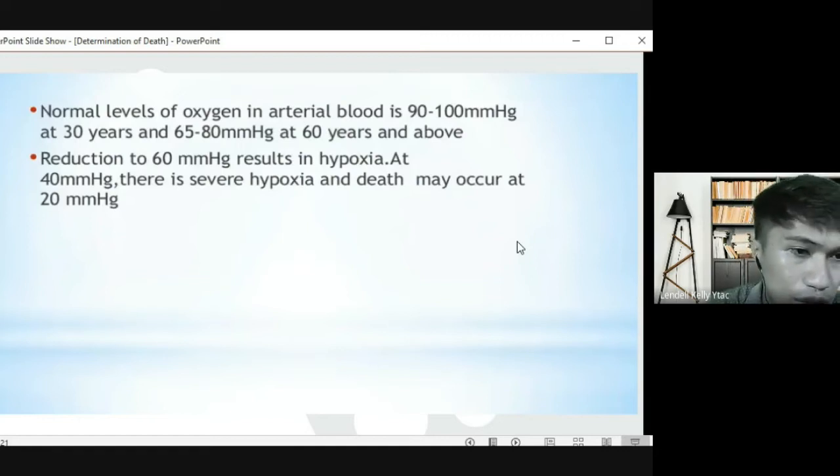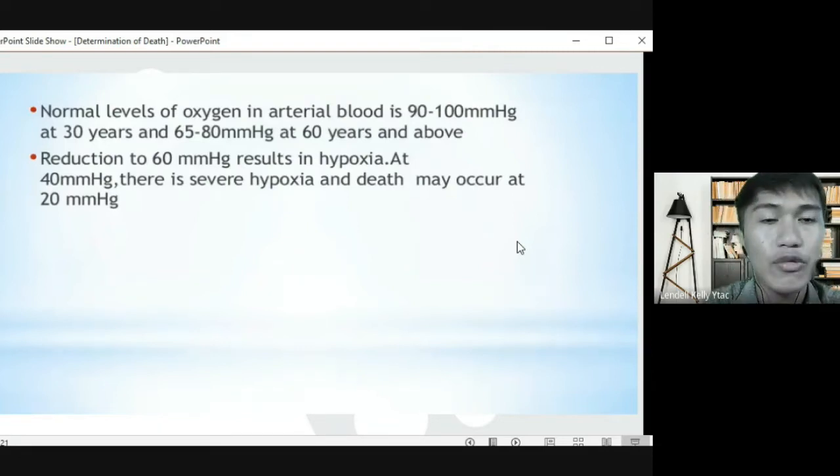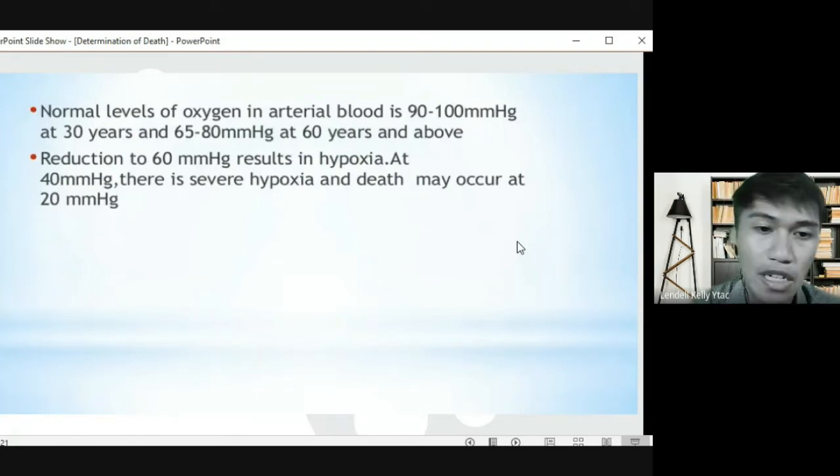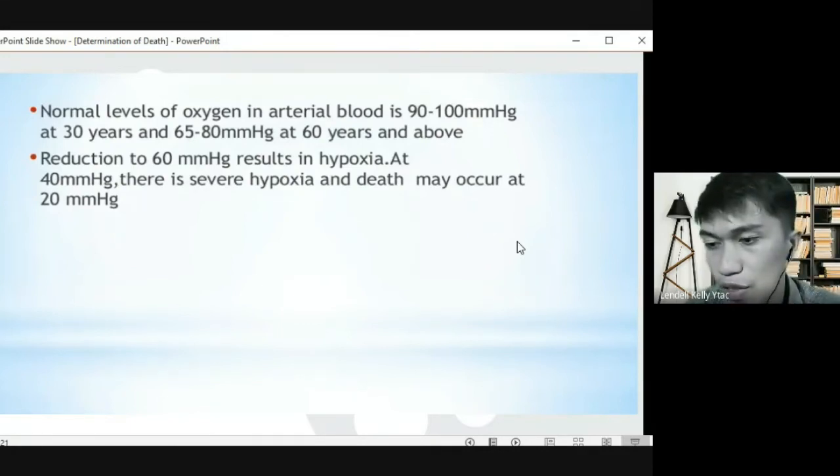Then we have reduction to 60 millimeter mercury resulting in hypoxia. So if you have a client whose ABG result shows a partial pressure of oxygen less than or equal to 60 millimeter mercury, the patient is suffering from hypoxia, a situation where there is less oxygen saturation in the blood.